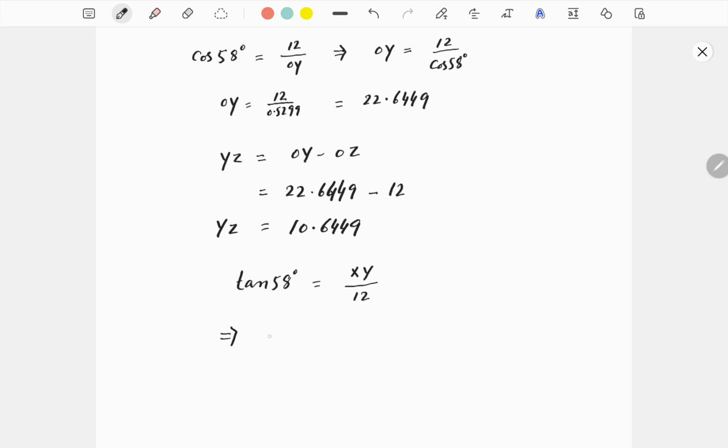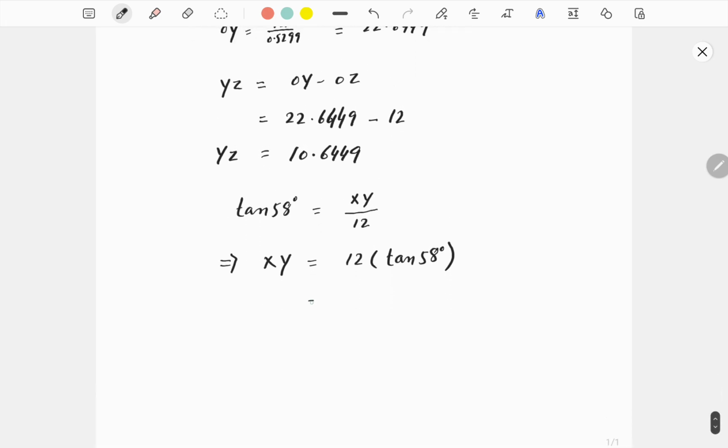From here XY will be equal to 12 times tangent of 58 degrees. Tangent of 58 degrees is 1.6003, so XY becomes 19.2039. This is the value of XY.